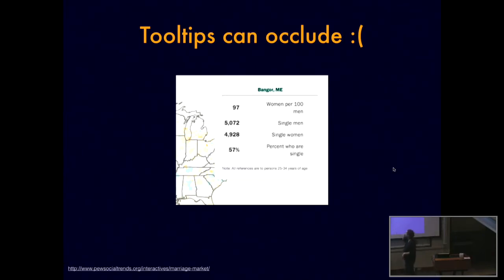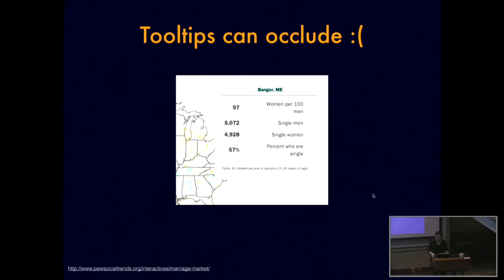And it's a classic problem with interactive maps. They need to put the tooltip, the thing that shows up when you mouse over a state, inside the map area, which is this small window here. And the place they put it is in the Northeast, so we can't actually mouse over very successfully anything in our part of the world because the tooltip's in the way.